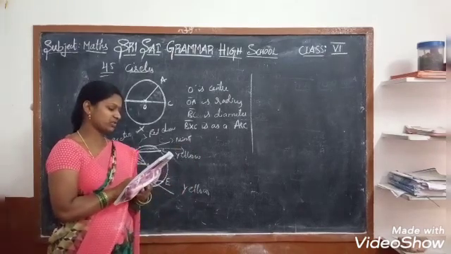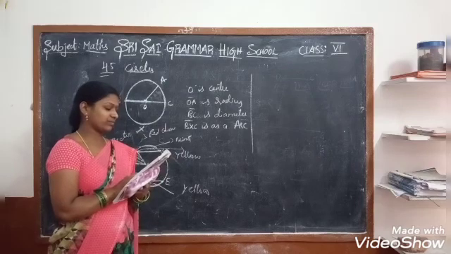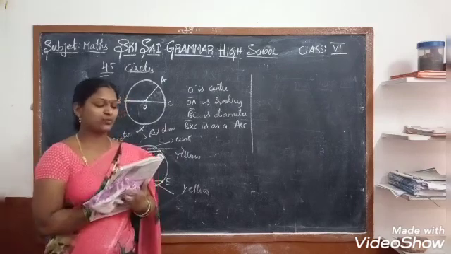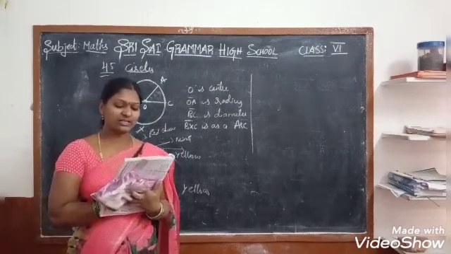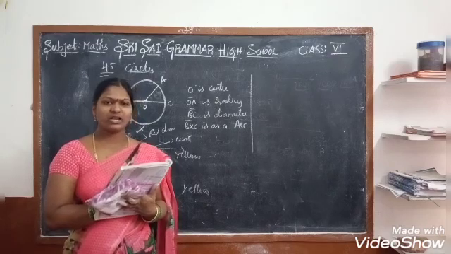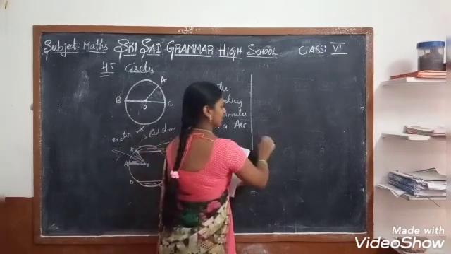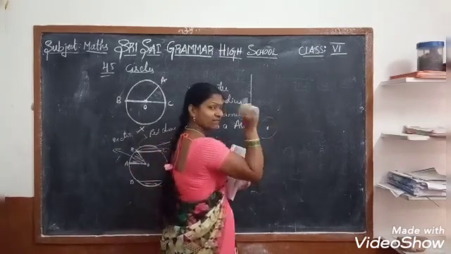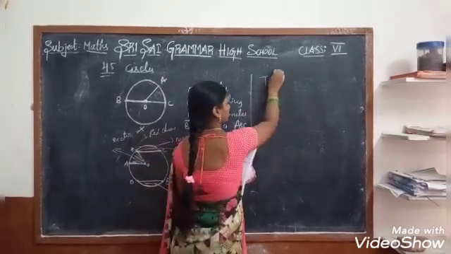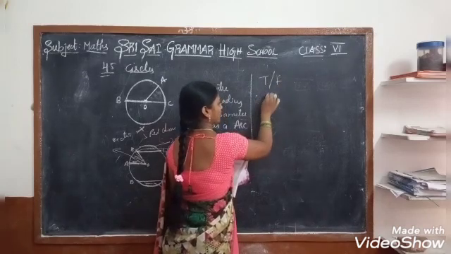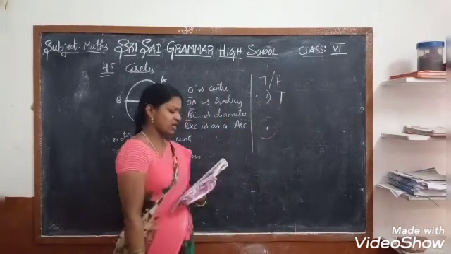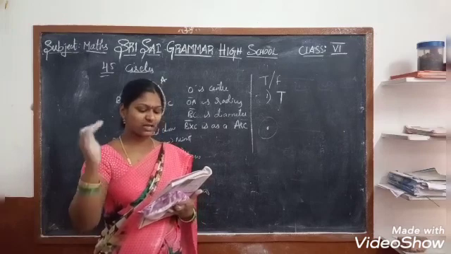Now here true or false is given. We can locate only one center in a circle. Yes, for any circle we can locate only one center. That is true. Diameter is twice the radius.